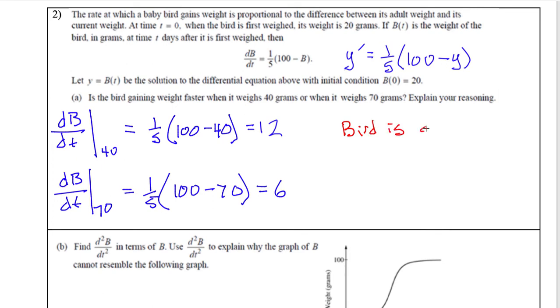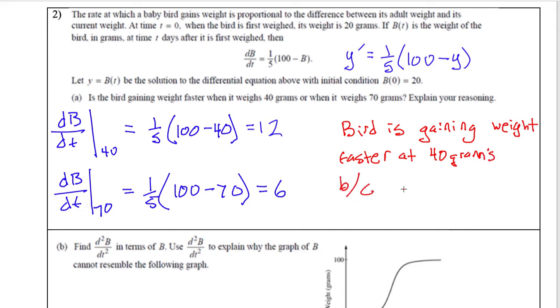Bird is gaining weight faster at 40 grams, and you say because dB dt evaluated at 40 is bigger than dB dt evaluated at 70.